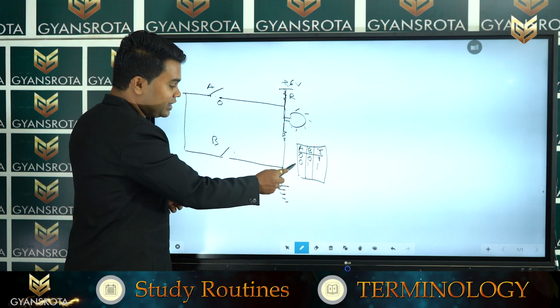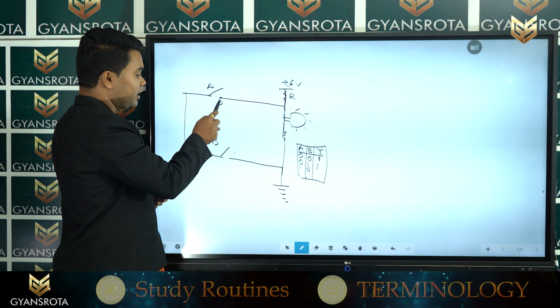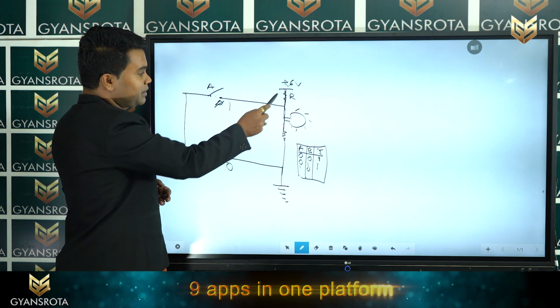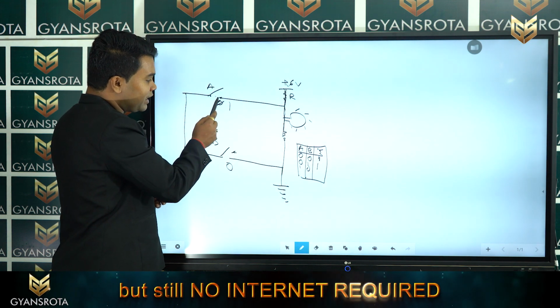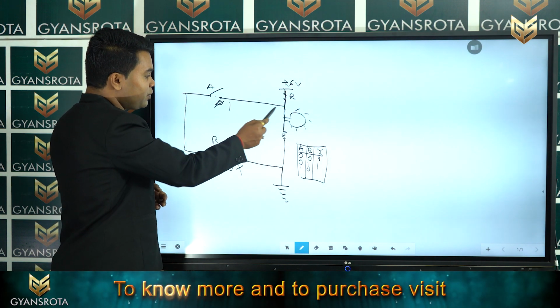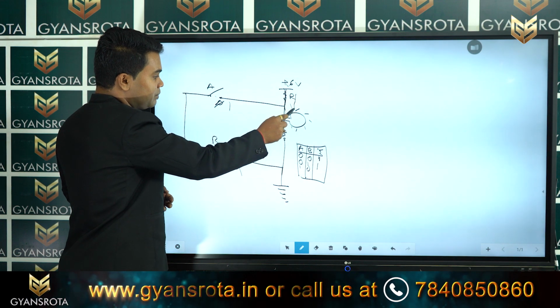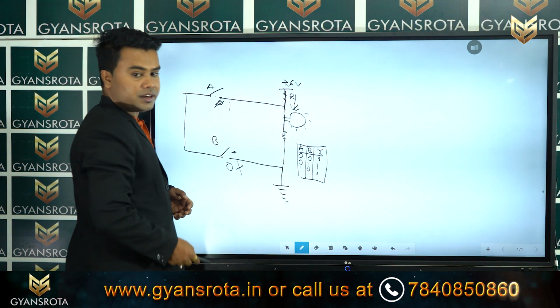Now I have another condition where A equals to 1 and B equals to 0, means this one is 1 now and this one is 0. So whenever this current will flow, this part will be conducting but this portion will not be conducting, right? So in a way it will not make a complete circuit. Again the 6 volt will flow, that means the current will flow through this one, you will get 1 here.